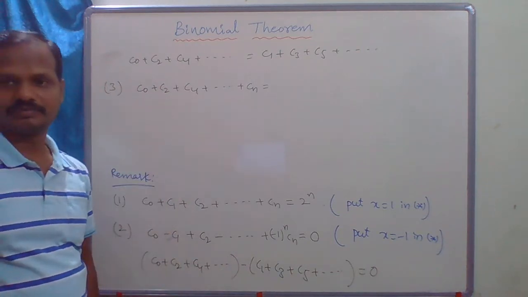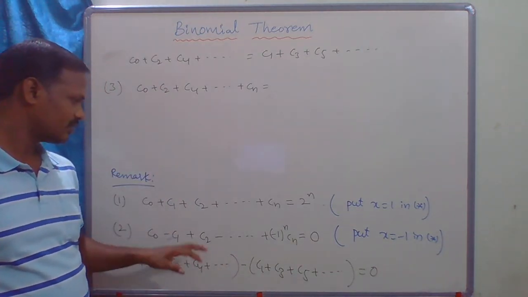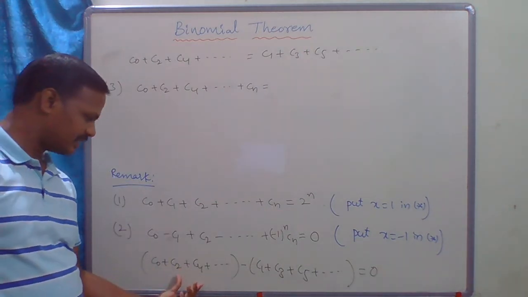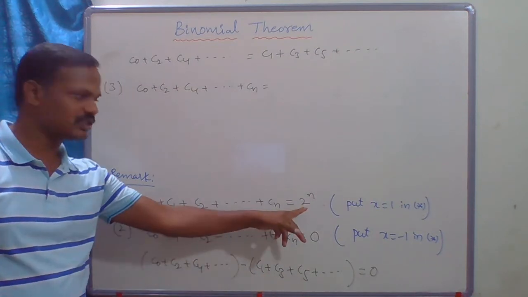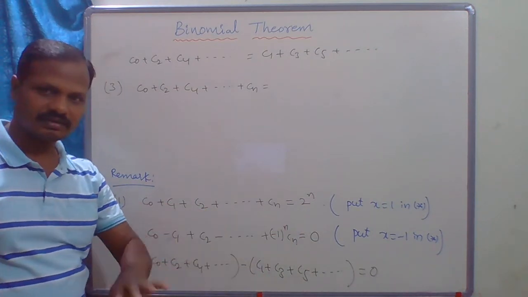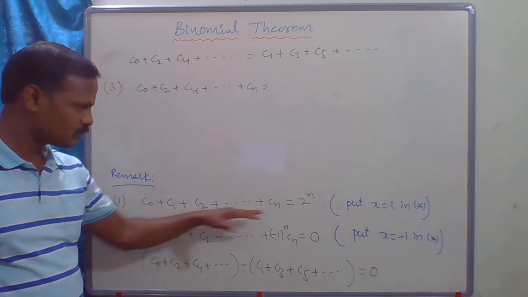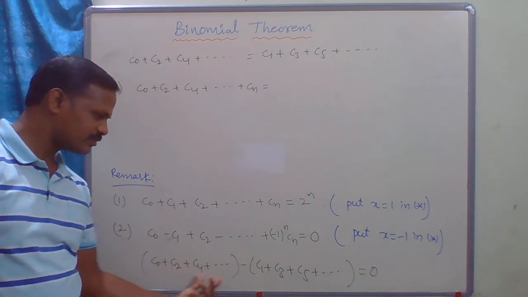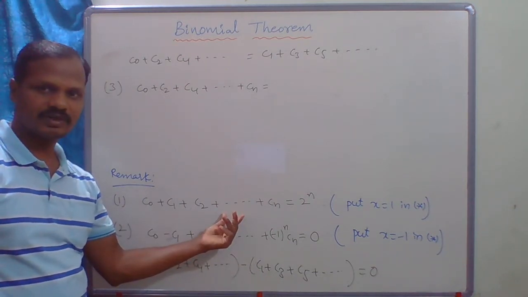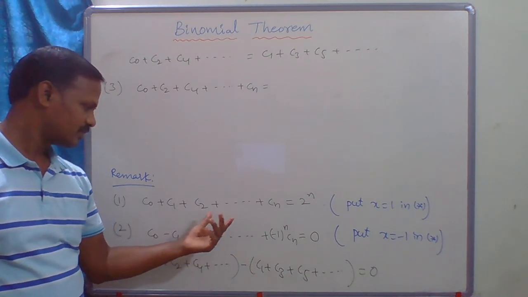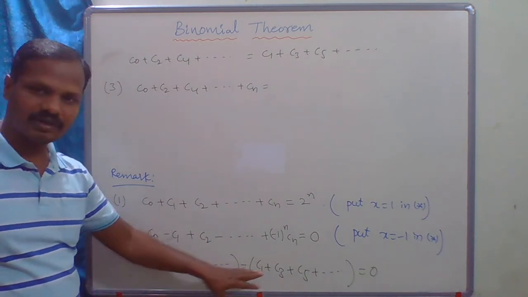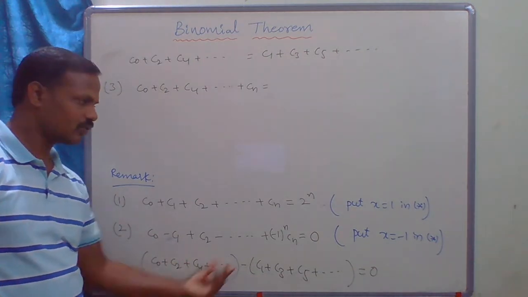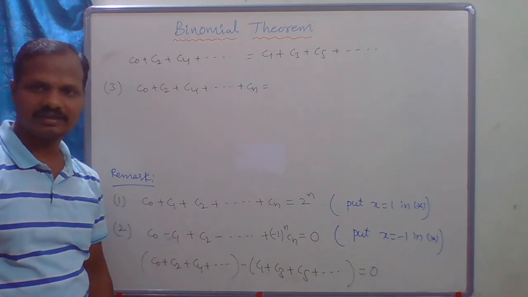The sum of the even-indexed terms and the odd-indexed terms is 2^n. Listen carefully. Since these two sums are equal, 2 times this one equals 2^n.